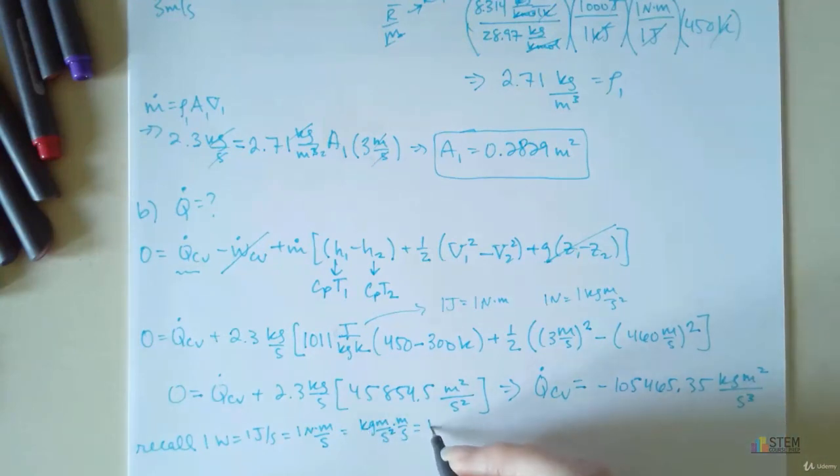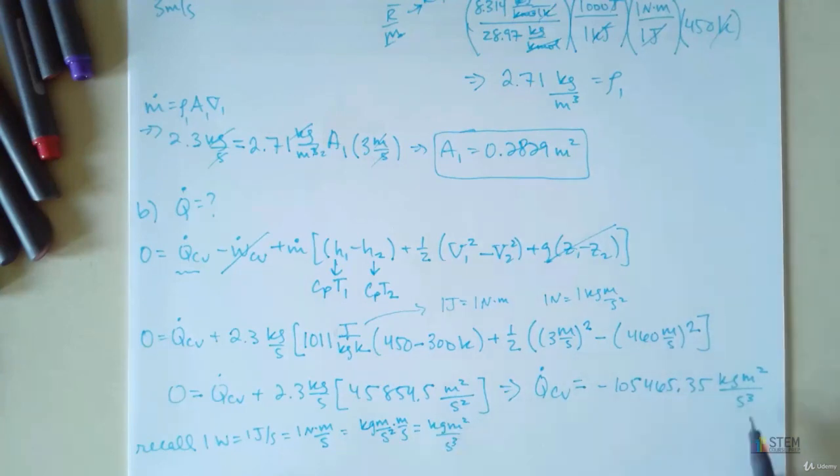So now if you look, you got kilogram meter squared per second cubed. That's exactly what we have here. All right, that's a watt. We want it in kilowatts. So to go from watts to kilowatts, we just need to divide by 1,000. All right? So that's what we'll do.